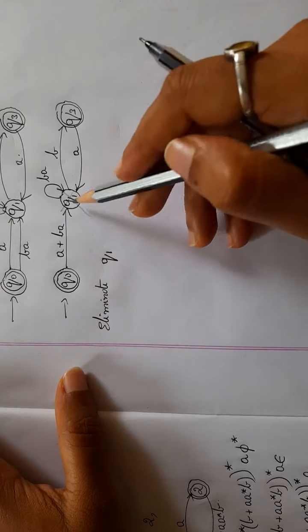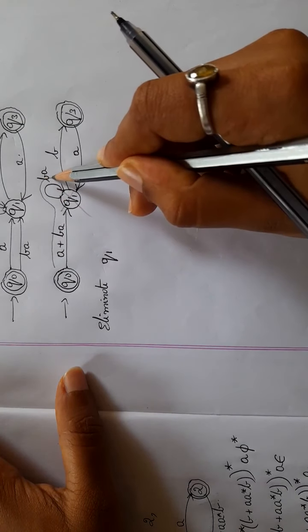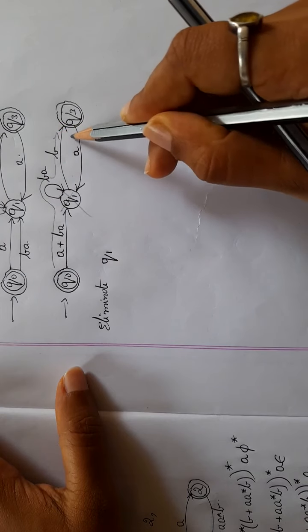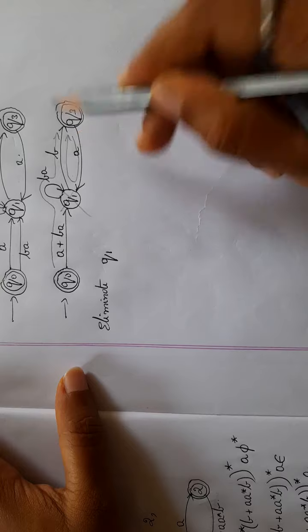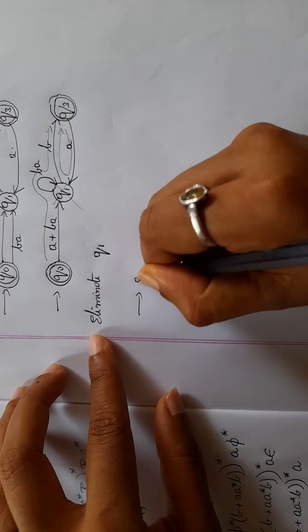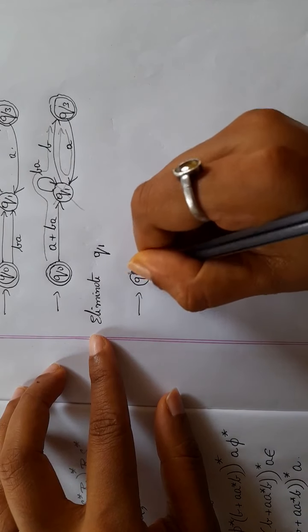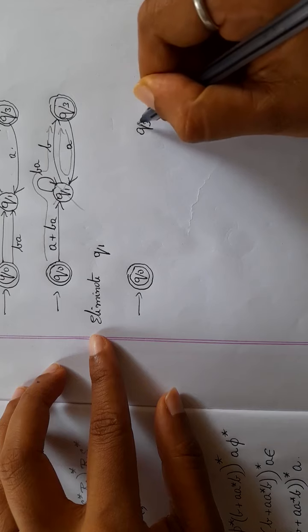So when I eliminate Q1, I have a path like this, Q0 to Q1, a loop, and then Q3. I have one more path like this, Q3 to Q1, a loop, and then once again come back to Q3. So after eliminating Q1, it is Q0, I have Q3.